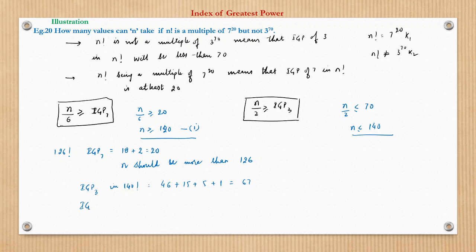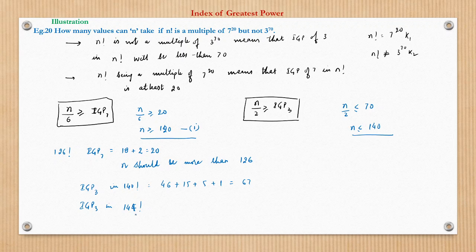We will check IGP of 3 in 145. How do we think of 145? The thought would be 144 factorial. 144 is a multiple of 9, right? Meaning 3 square. And the multiple of 3 before this is 141.